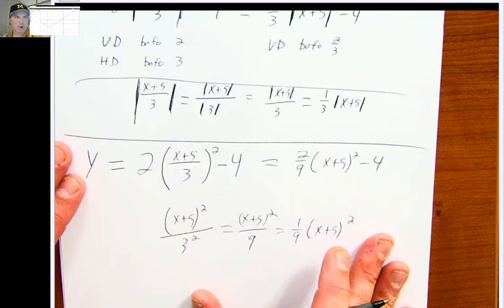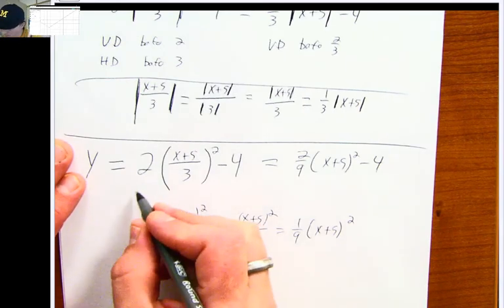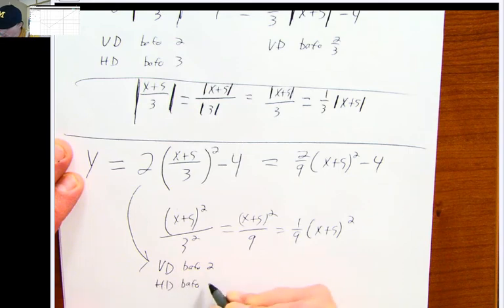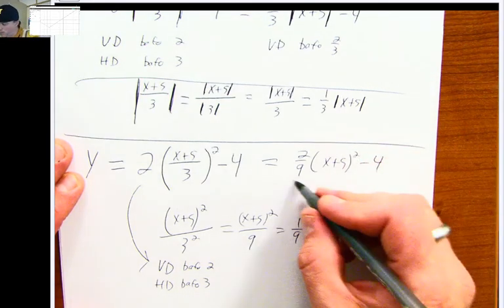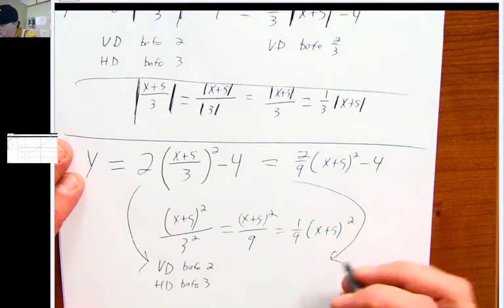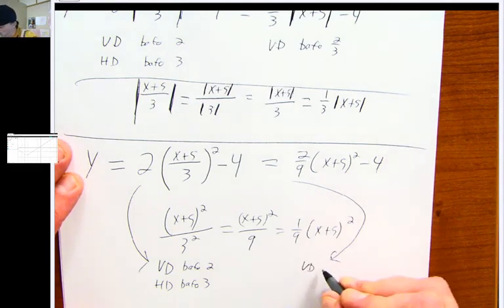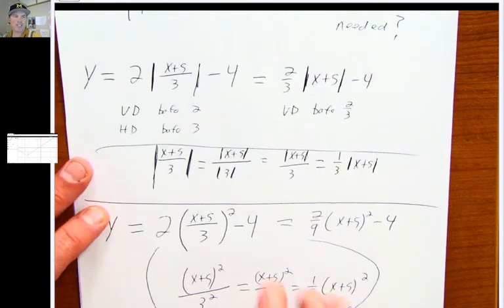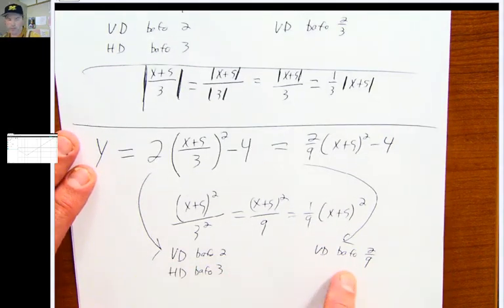Now, I don't have a Desmos check for this one, but my point is that a vertical dilation by a factor of 2 and a horizontal dilation by a factor of 3 is equivalent, in a quadratic, and this is only talking about quadratics, not absolute values, to a vertical dilation by a factor of 2/9. So in the absolute value function it was one way, whereas in this one it was slightly different.